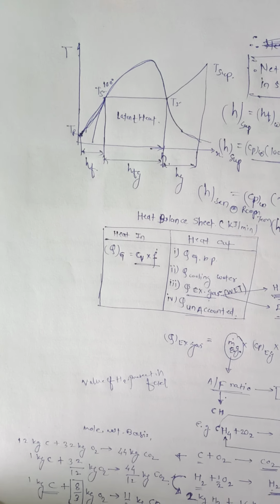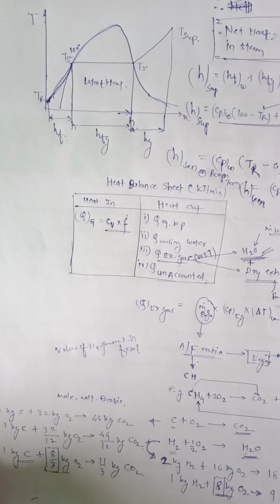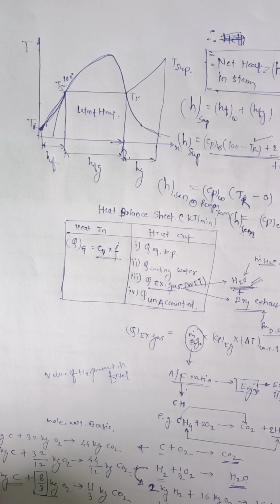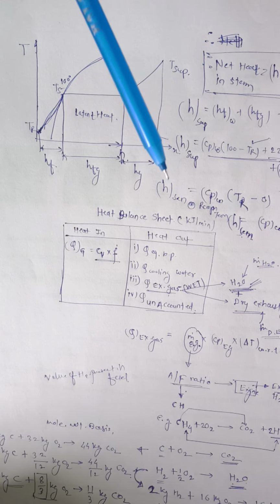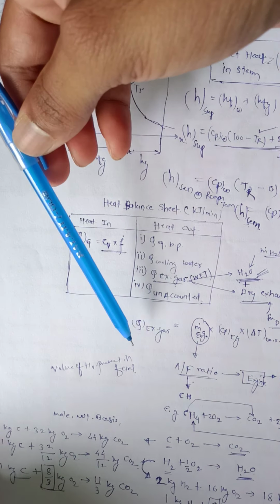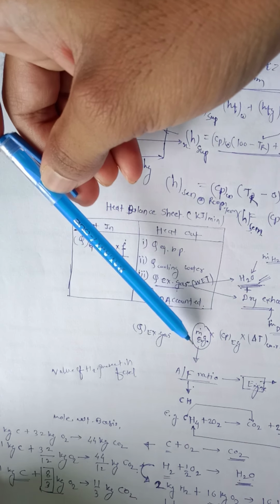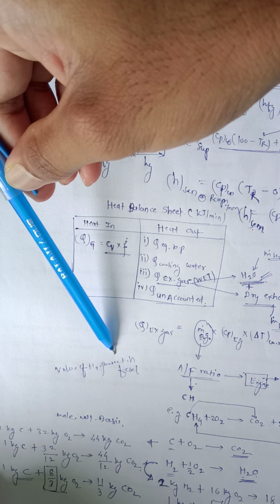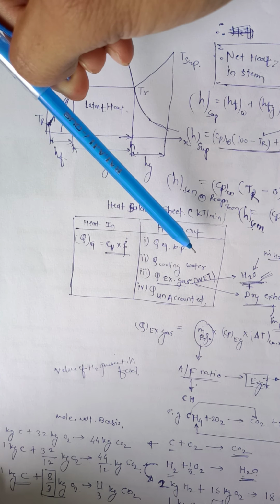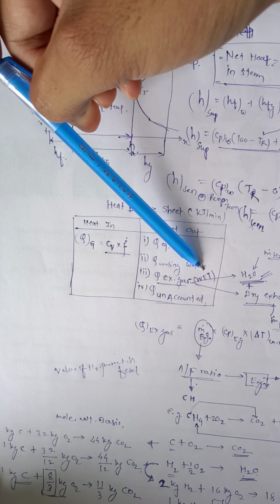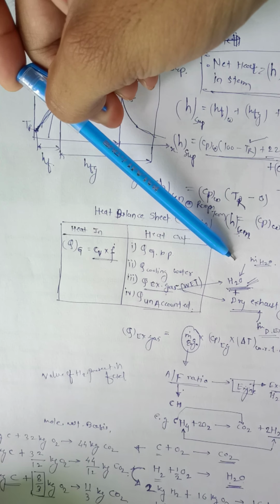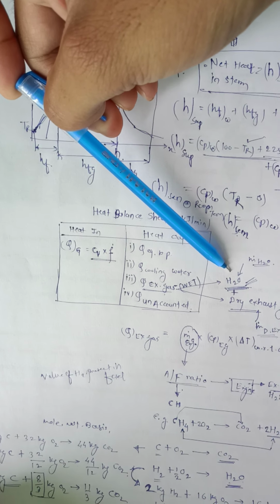So my dear friend, you have seen the typical heat balance sheet problem. When the amount of hydrogen present in a fuel is given, then we have to draw the heat balance sheet considering the heat taken away by the dry exhaust gas and the remaining heat which is taken away by the superheated steam.